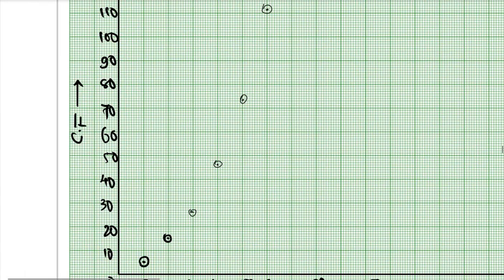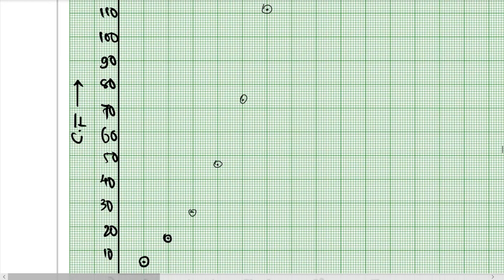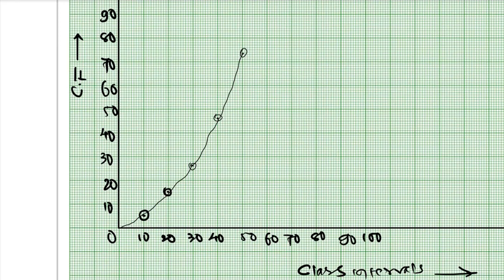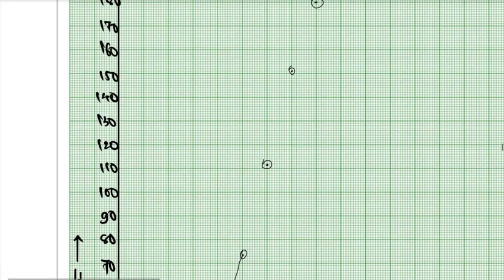Let me draw a smooth curve passing through all of them. And let's hope the curve is going to be smoother this time. I'm lifting off my pen because I don't have a choice.